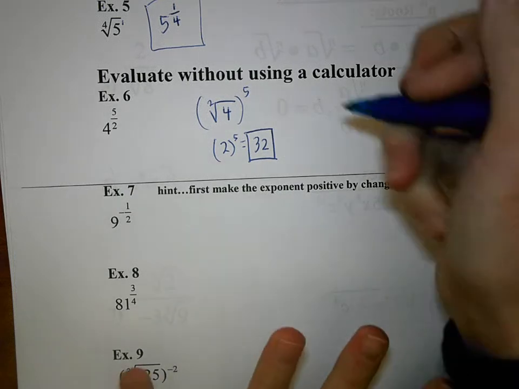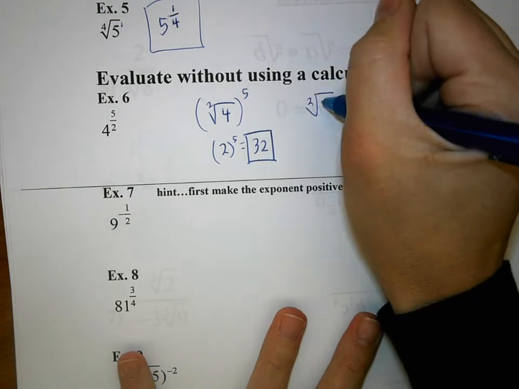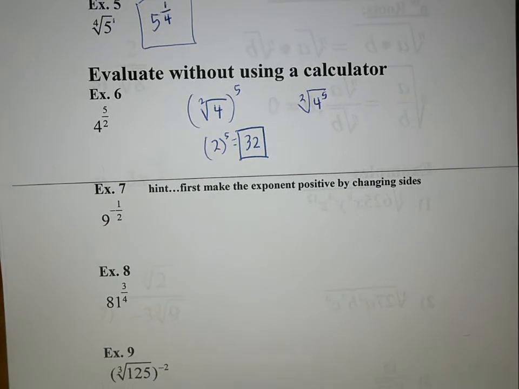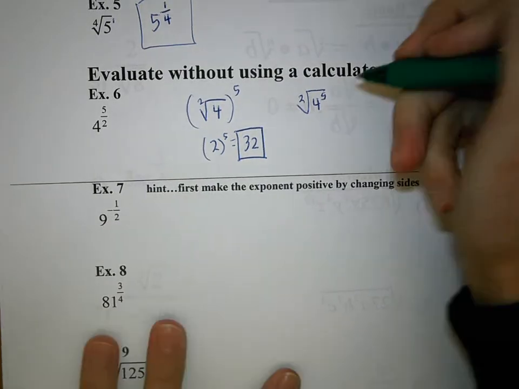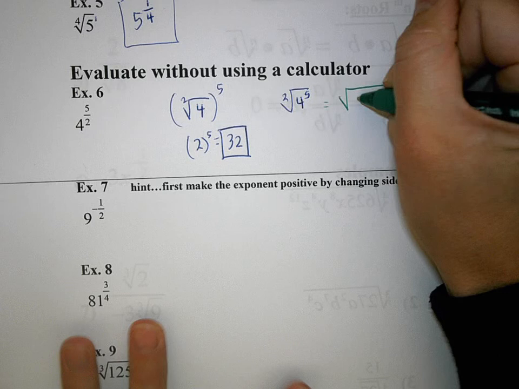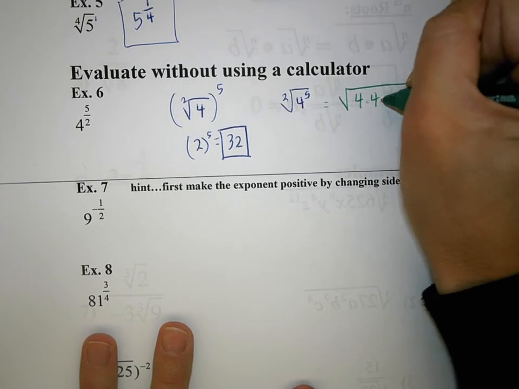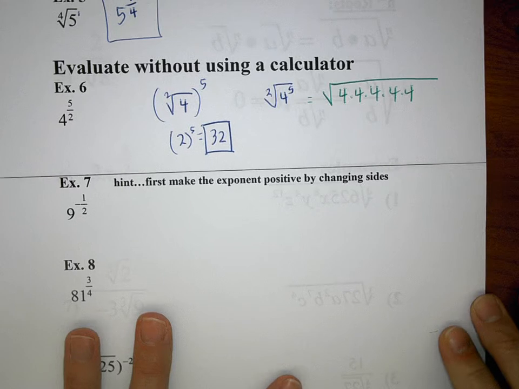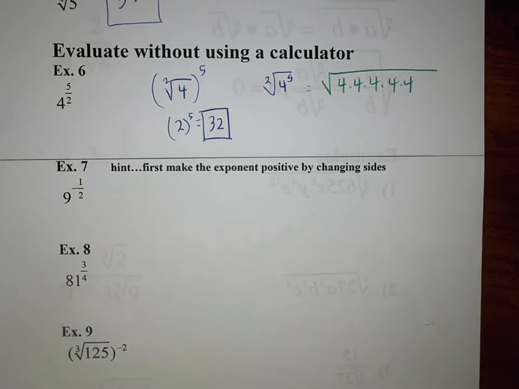Now, if I had written this as the square root of 4 to the 5th power, what does 4 to the 5th power mean? So we have the square root, and I'm going to write out 4 five times: 1, 2, 3, 4, 5. How many do I need for a group in this problem? 2, because it's a square root.